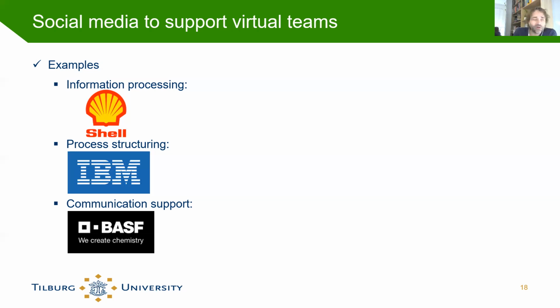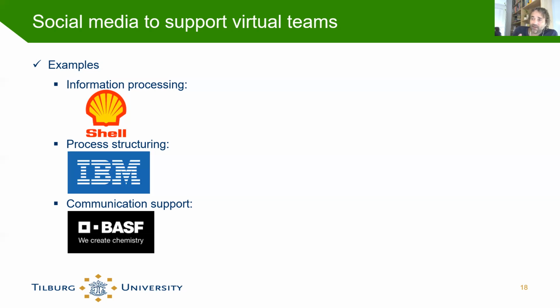BASF, the German chemistry company, they use social media mostly for communication. They said, well, we are a very dispersed organization with many different departments, many different subdivisions, people also working at many different locations across the globe. But we really want to create a kind of shared sense of working at BASF, I don't know how you pronounce it, as an organization.